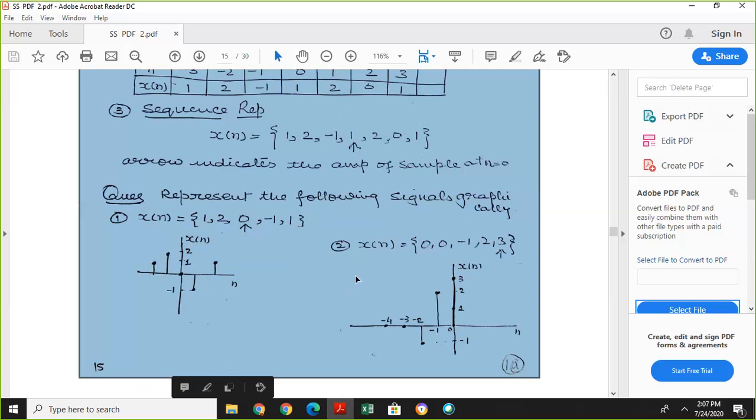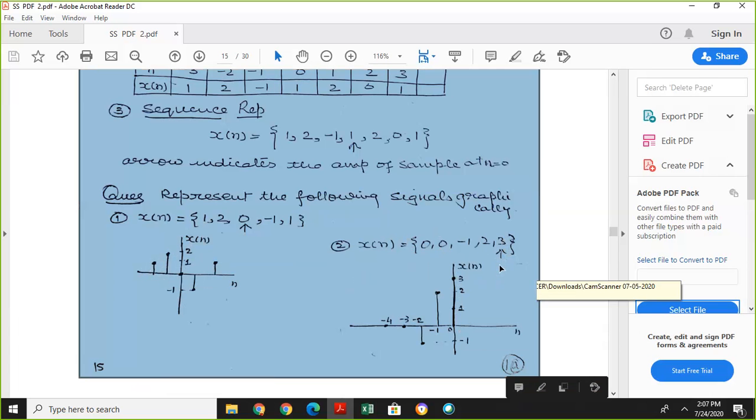Clear? Then in the second case, represent x of n by this sequential representation. Here the arrow is indicated. It means that the value of n is 0, minus 1, minus 2, minus 3 and minus 4.